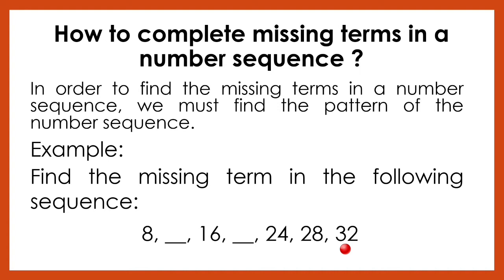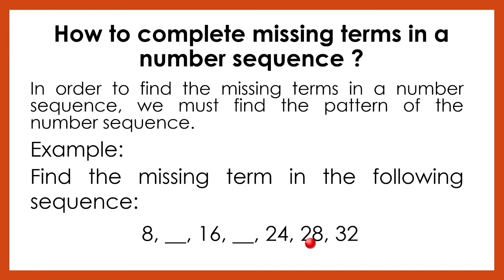To find the missing terms, let's find the pattern. Look closely at 24, 28, and 32. Each term in the number sequence is formed by adding 4 to the preceding number.